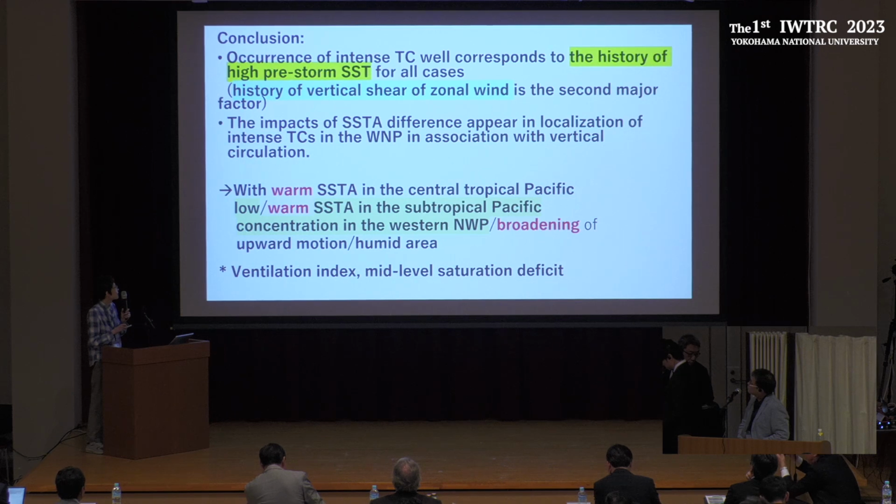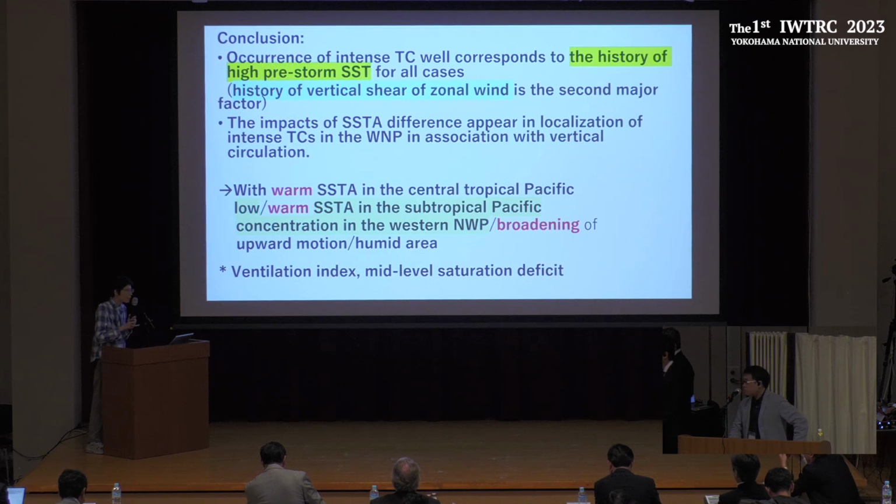But in some cases, such as the SP cream case, the clear zonal contrast in the sea surface temperature anomaly, and the vertical motion or humidity that each tropical cyclone may experience, may affect the lifetime maximum. Thank you very much.